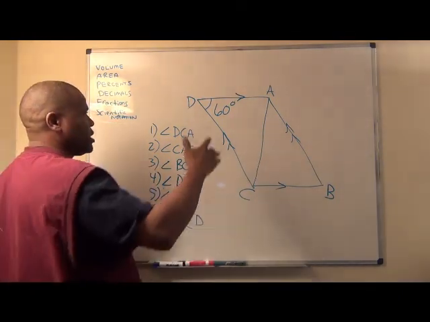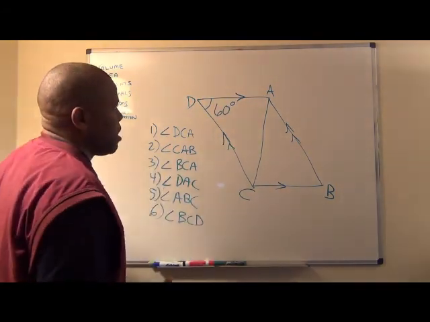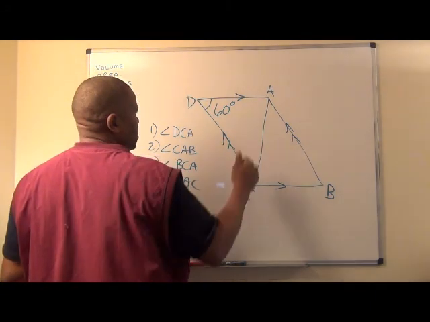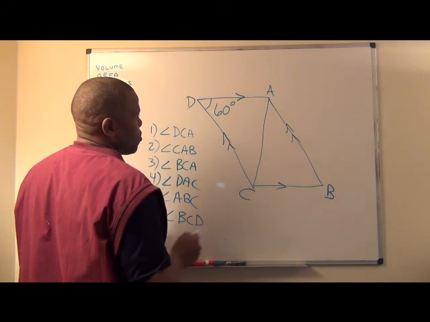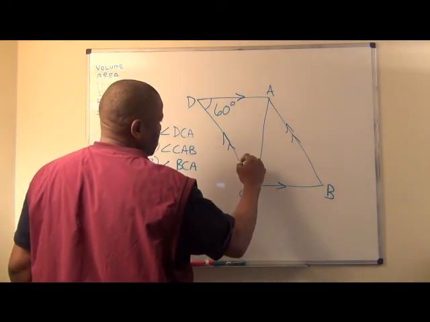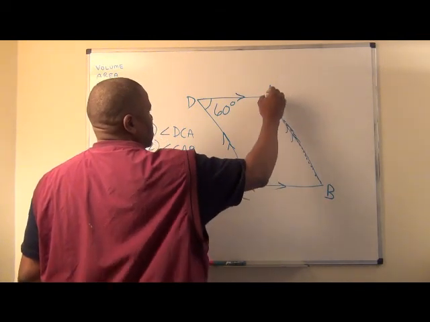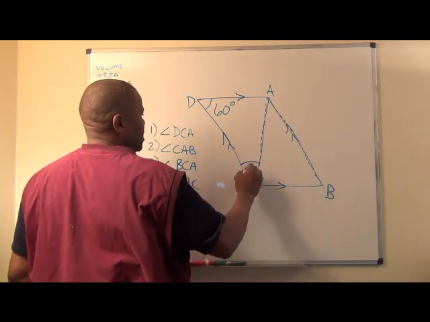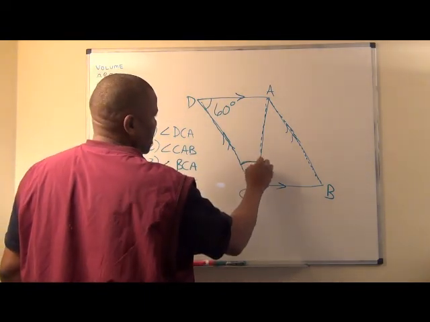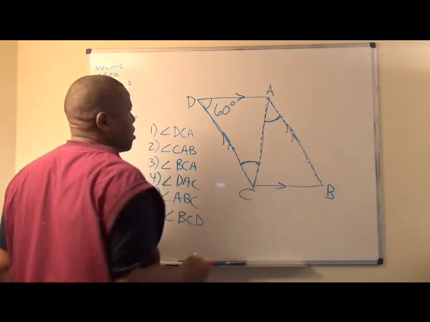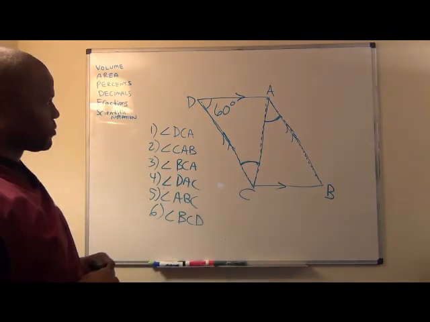Because of this, we create certain angles. Since we have a Z, this line with this line and this line is creating a Z. So these angles here are called alternate interior angles, which means that they are equal.